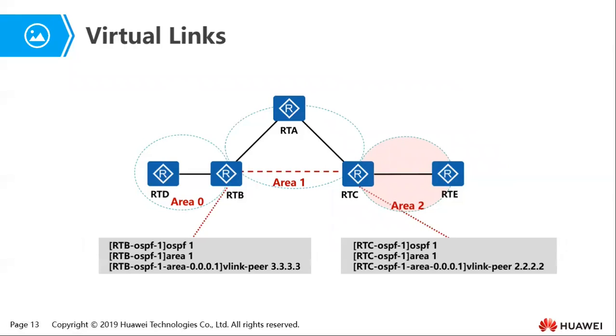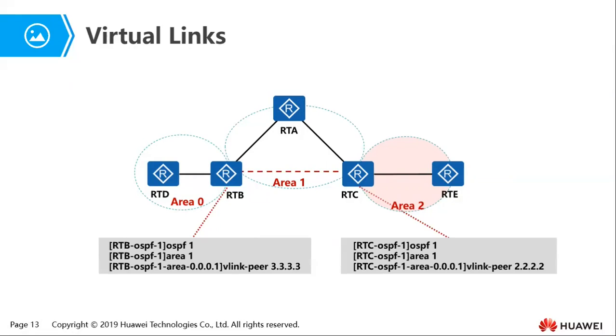Normally, when you say that every ABR must have one of its links on area 0, we call that contiguous, meaning that the backbone area must be contiguous.